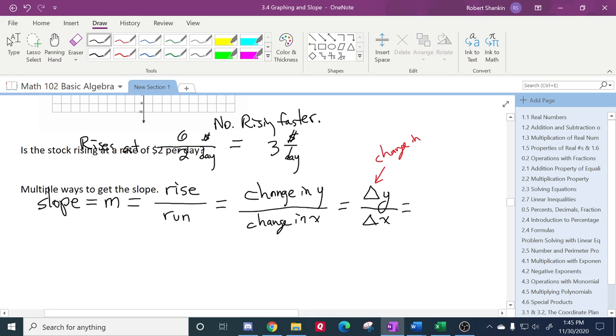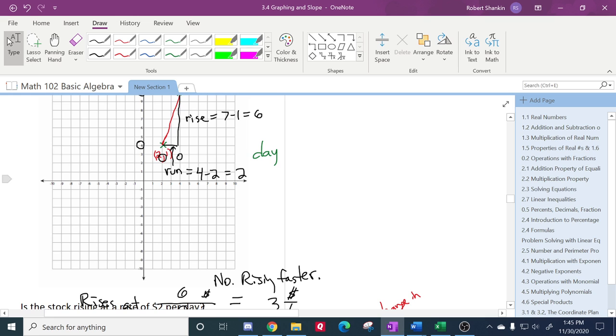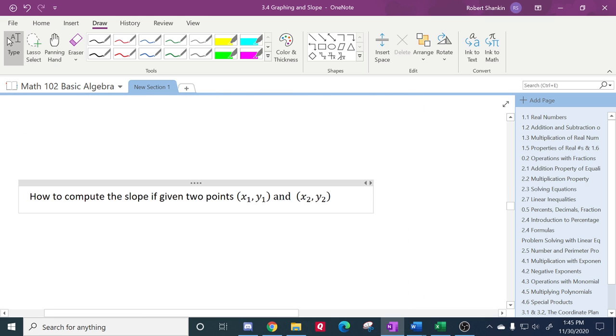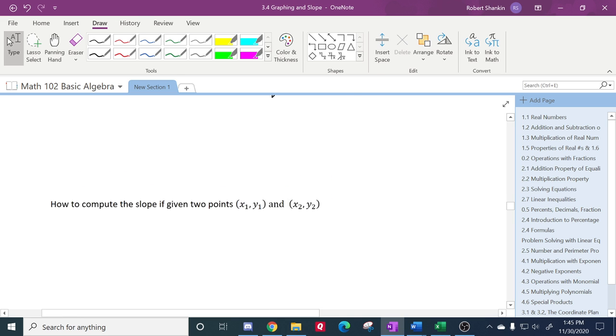And we also have a formula for this. Now, notice that there's different ways that we could get the slope. We could be looking at the graph and figuring out how much it rose, how much it ran. There's also this algebraic way. How to compute the slope if given 2 points, x1, y1, and x2, y2.